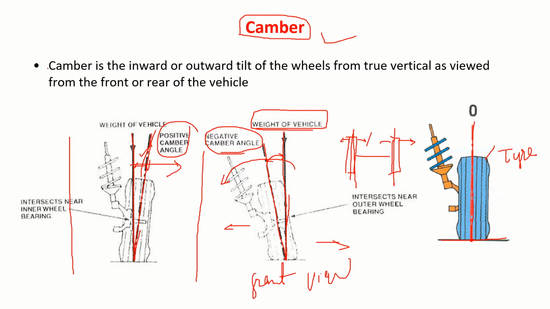So camber is the inward or outward tilt of the wheels from true vertical as viewed from the front or rear of the vehicle. Hope the point is very clear. That angle we call the camber angle, and there is positive camber, negative camber, and zero camber.